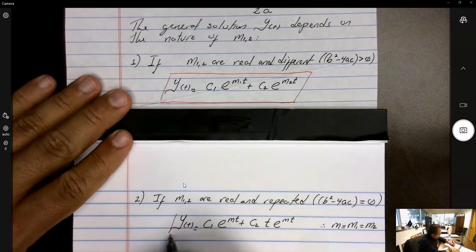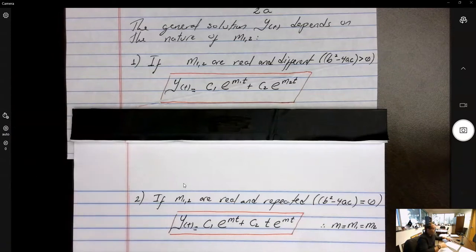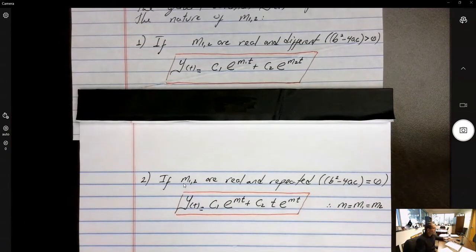So this is case number 2. Again, you can prove that this is an answer to the equation in the event that b squared minus 4ac is equal to 0. Very easily, actually.